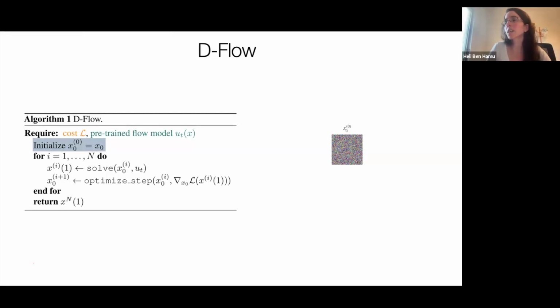But I think it really depends. In the images application, it was on the order of 100, I think. For the molecules, I think it was tens, on the order of 10. But it changed per application.